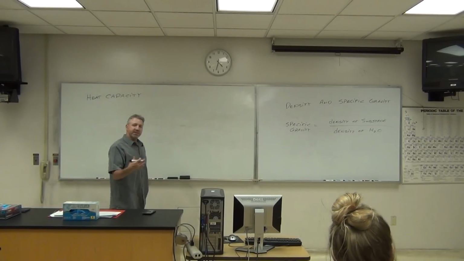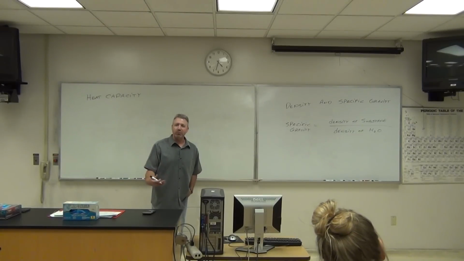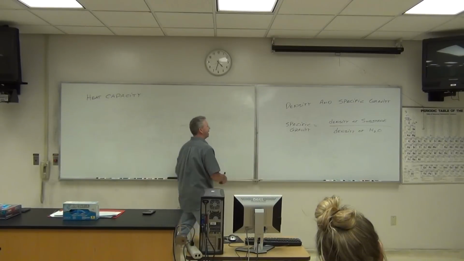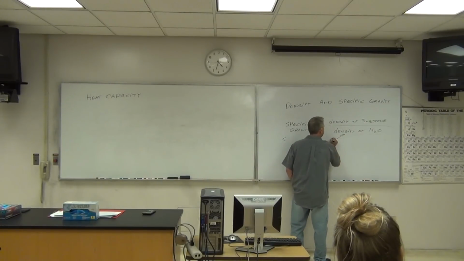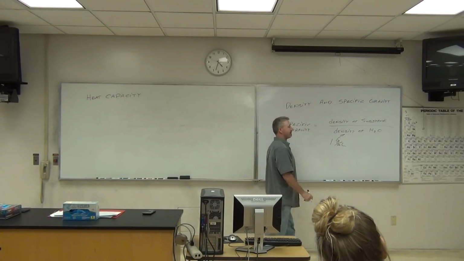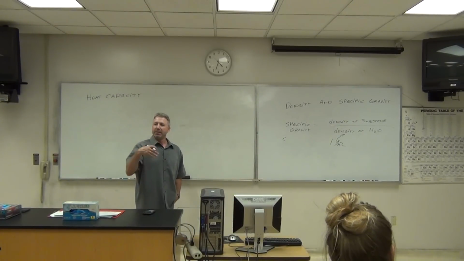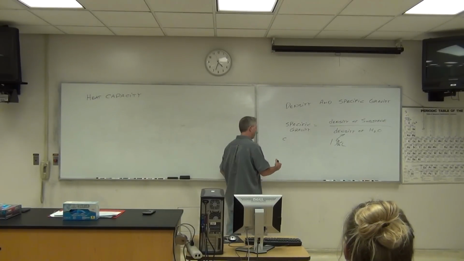What specific gravity is, is the density without the units. The density of water is taken as 1 gram per mil. It does vary slightly with temperature, and there's a table, but generally we take the density of water as 1 gram per mil.